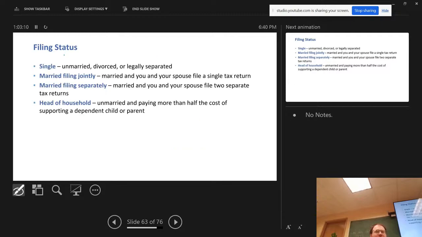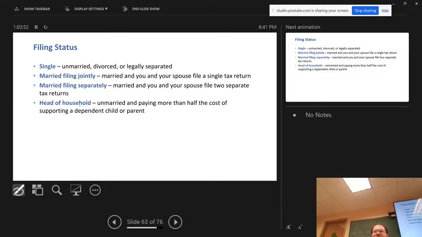Filing status with taxes. Single is the default choice. If you're married, you have two choices: filing jointly together or filing separately. Say you're in like a divorce situation of some kind. Depending on where you're at in the process, married filing separately can occur, or head of household if, say, you've already moved out or your spouse has moved out.